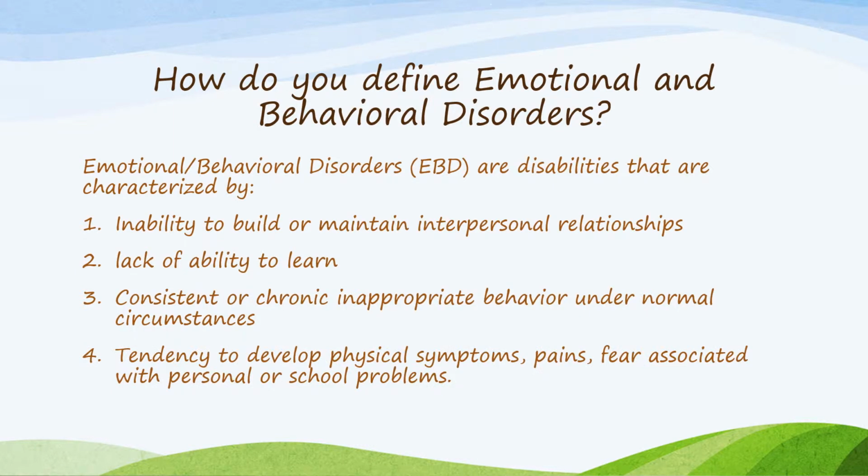These could include pains or even fear associated with personal or school problems. Now, these four characteristics are not the only characteristics that define emotional and behavioral disorders. At the end of this presentation, I've attached useful links that can summarize a little bit more and give you a little bit more information on exactly how to define what an emotional or behavioral disorder is.